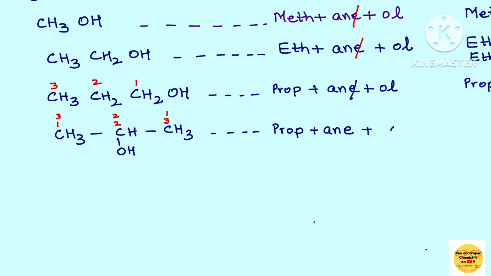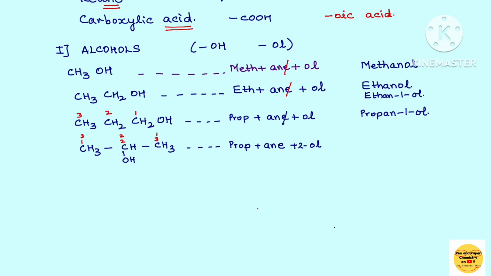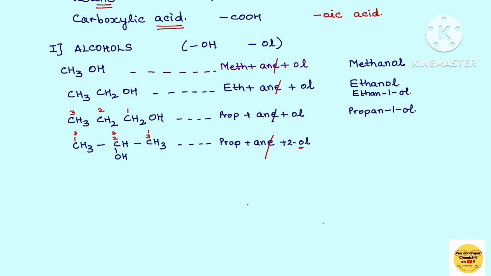And what's the position of that ol now? Yes, it is at position number 2. So 2-ol. When we put them together, again remember, there is O, there is E. So I will do away with the E and write this name as one word as propan-2-ol.